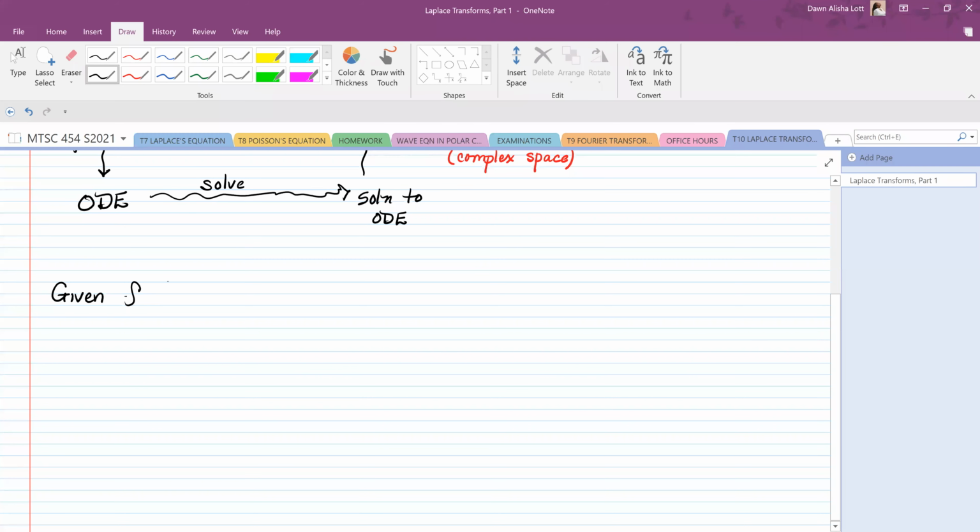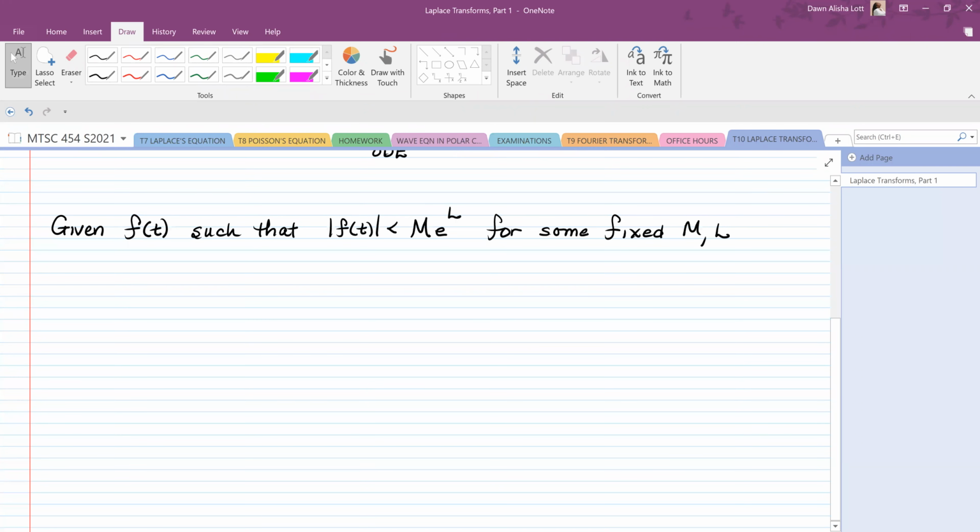So given f of t such that we can say the absolute value of f of t is less than M times e to the Lt for some fixed M and L, then we can take the Laplace transform. So in other words, our function that we're taking the Laplace transform of cannot grow any faster than exponentially.